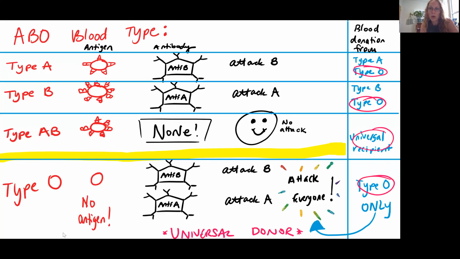In the case of type O, we call this the universal donor because, as you see, it does not have any of those antigen markers, so it's essentially invisible to the immune system of type A, type B, and type AB people. And then obviously type O is only able to receive type O. So we see that it can be donated to anybody.